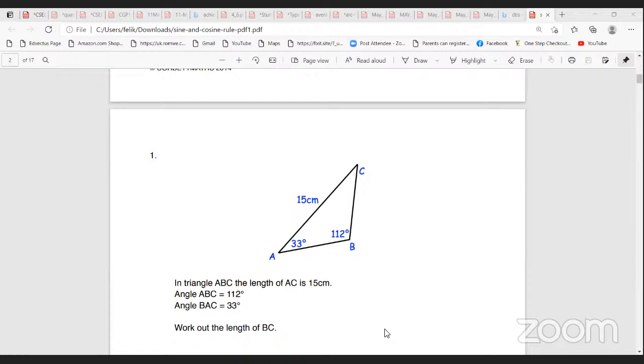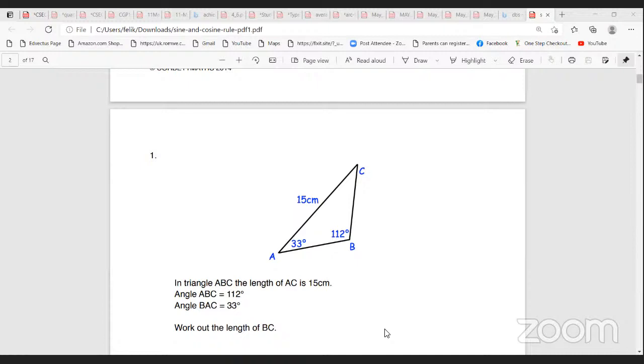Trig. Could we use trig ratio for this? Trig, miss. Okay, so you're saying that we could use trig ratio? Yes, ma'am. Okay, so remember now that trig ratio and Pythagoras theorem are only used with right angle triangles.